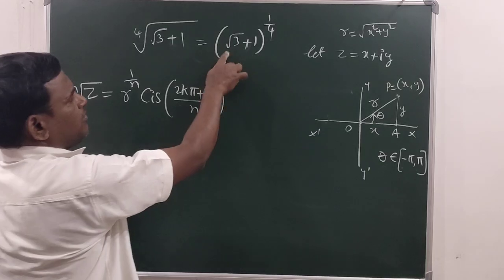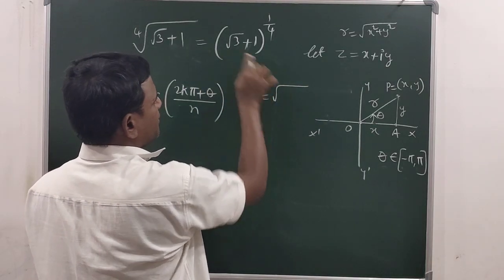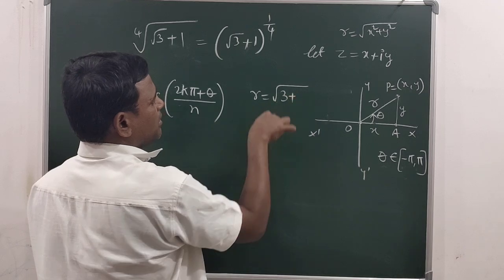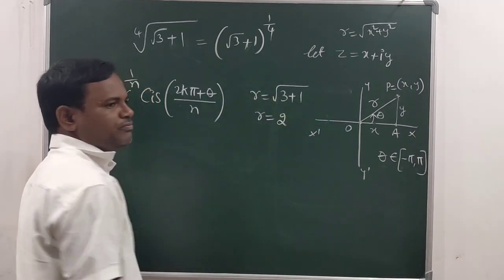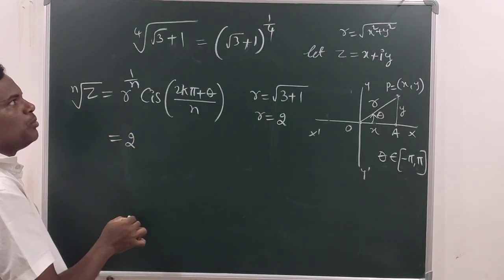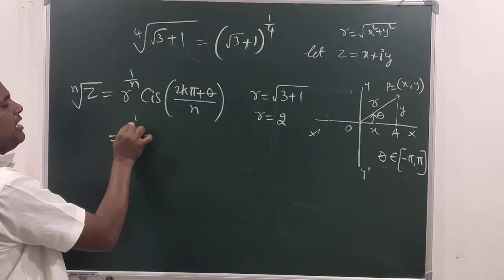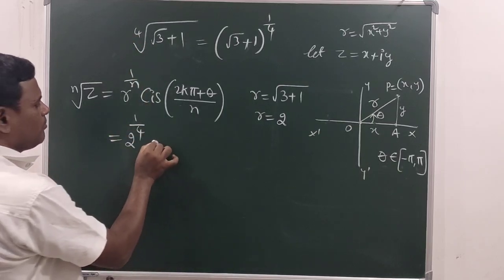Here what is r? r equals root of x squared, root 3 whole squared, which becomes 3, plus y squared, 1. Now the r value is 2. Now come back, in the place of r write 2. 2 power 1 by n, n value is here 4, so 2 power 1 by 4.